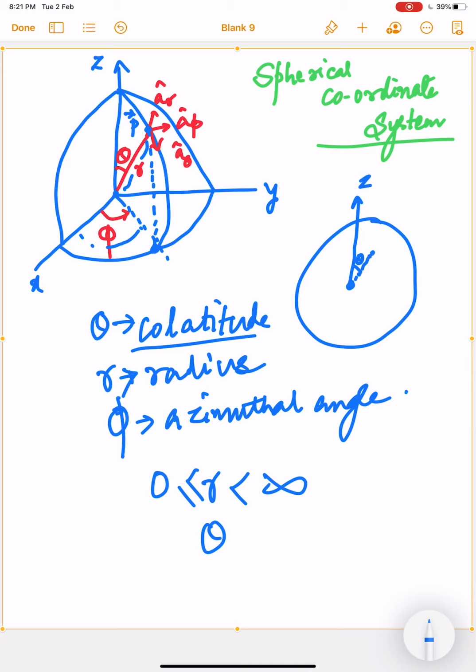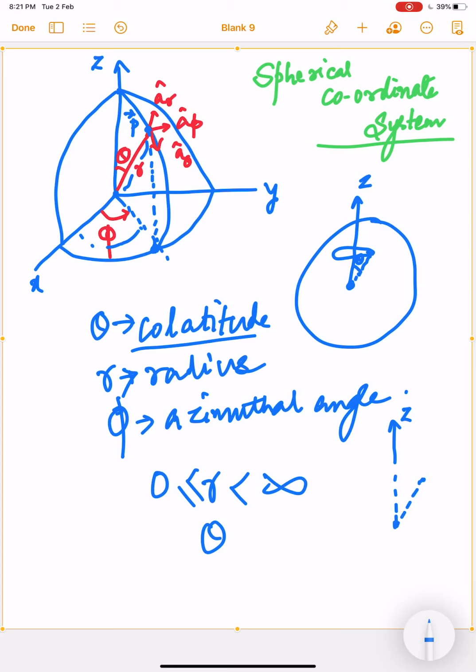If I make a circle over here, let me simplify: you are sitting here, this is your vertical axis, the z-axis.